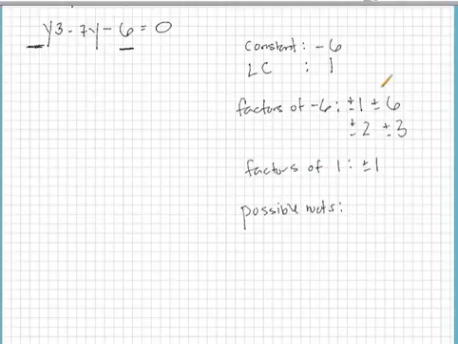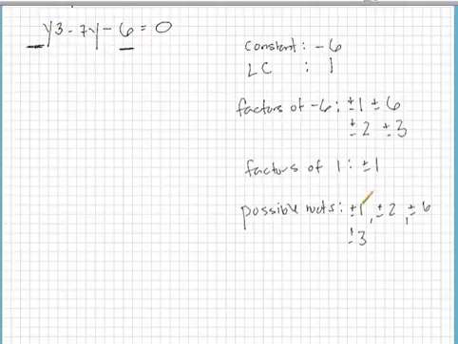So my possible roots are plus or minus 1 over 1, plus or minus 2 over 1, plus or minus 6 over 1, plus or minus 3 over 1, which simplifies things for us greatly. Now we're just going to start guessing. I'm going to start inputting these possible factors into this equation and hope that I do indeed get 0.